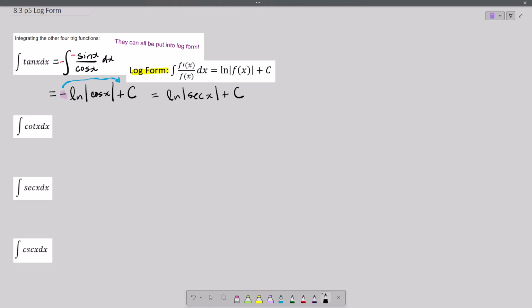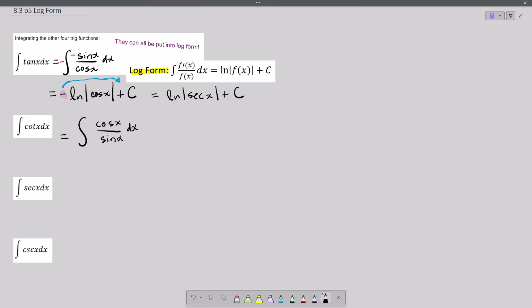Now when we take a peek at cotangent, cotangent is cosine divided by sine. Do we have to use any manipulation there? No, it's already in log form. Its denominator's derivative is the numerator. Right?